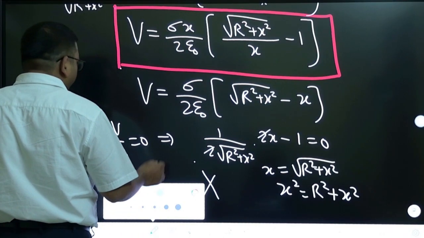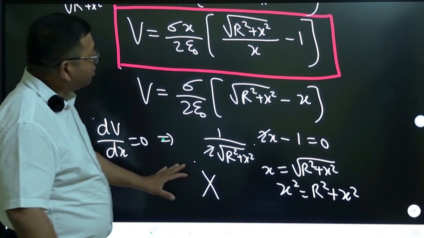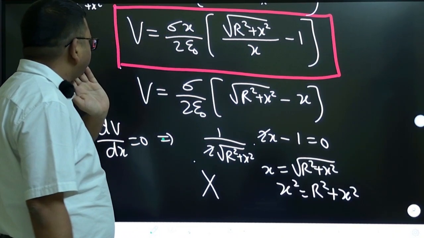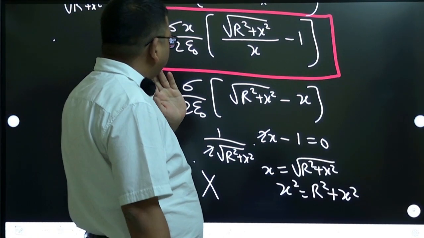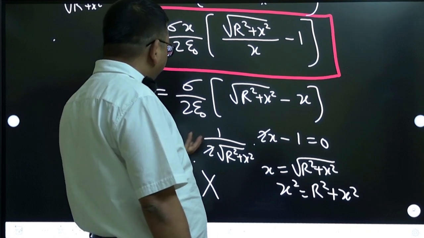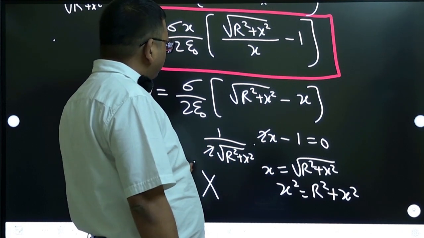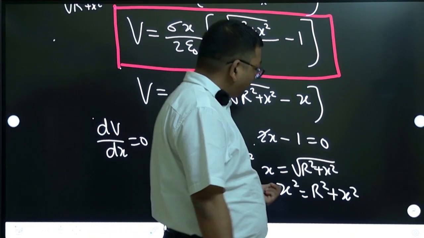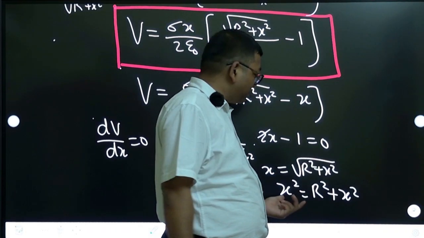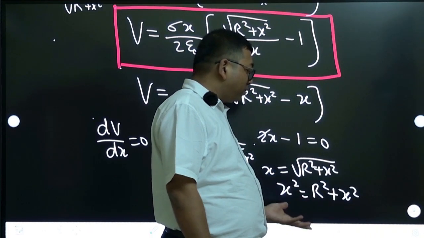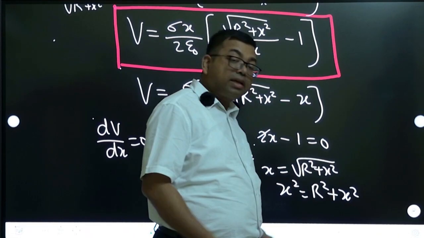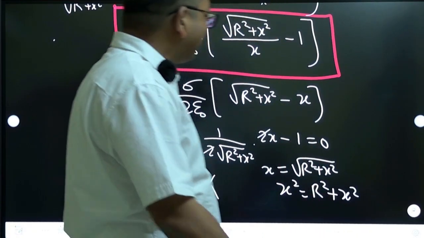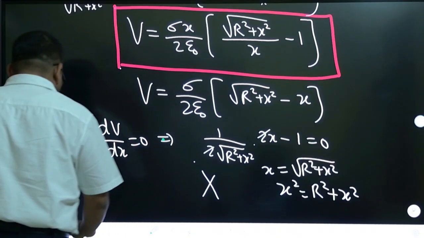But maximum or minima is not coming from differentiation here. From here you have to equate to 0, and it doesn't satisfy for any value, because x square will get cancelled. That means r square is 0, that means r is 0. That is not possible. It has some radius.